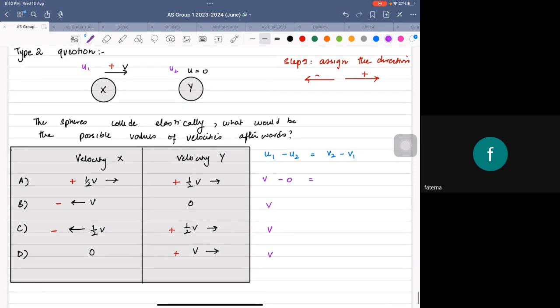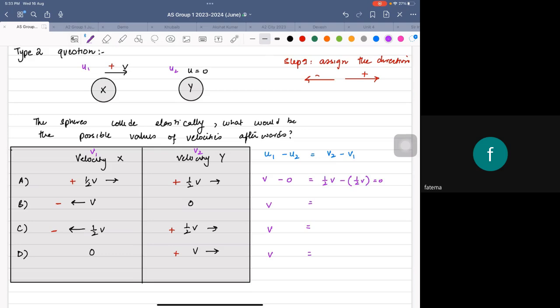With respect to this, I want to check all the values on the right side because I want to see if it's elastic or not. In the very first part, it's basically plus half v. So I'm going to write v2, this is v2 by the way, and this is v1. So v2 is half v, minus the other one is also half v. So it comes out to be 0.